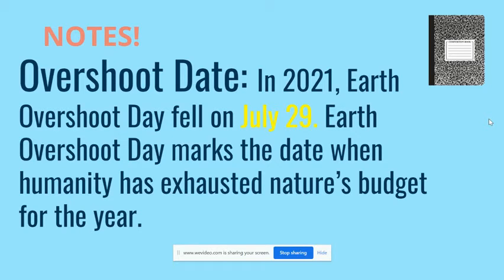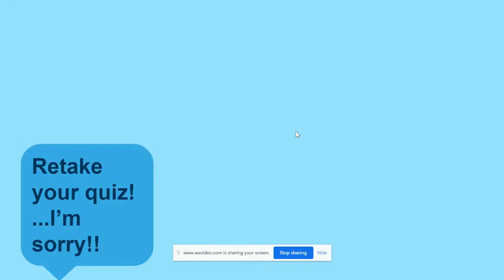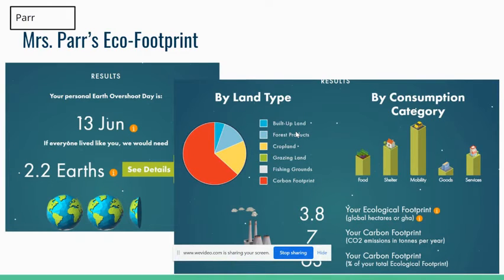So on average, for all citizens of Earth, we are averaging around July 29th. But because we're Americans, I bet that your overshoot date is much earlier because we're consuming a lot more resources faster because of our American lifestyle. I'll show you mine really quick. This is mine. Here's my overshoot date.